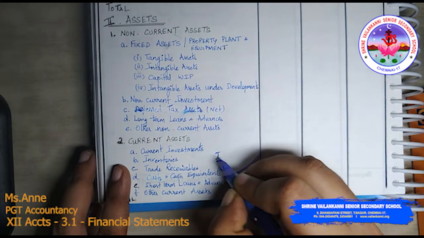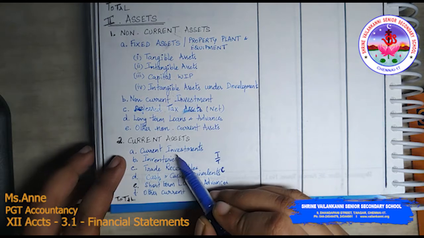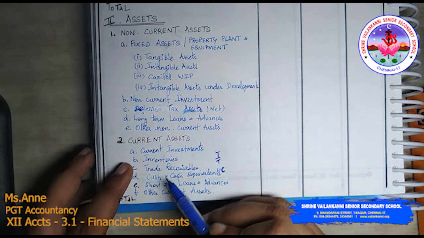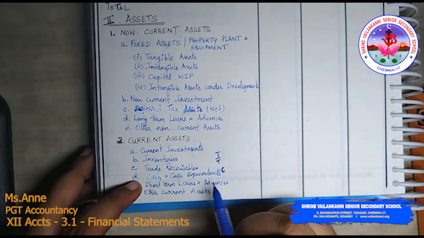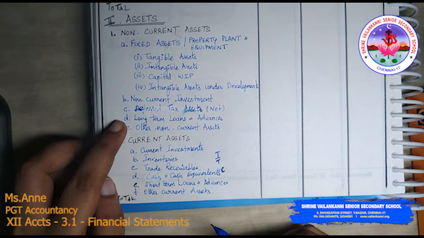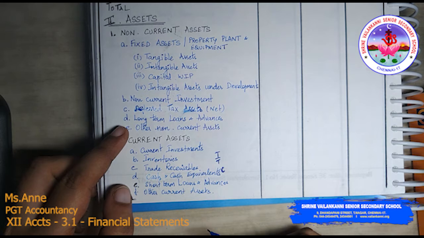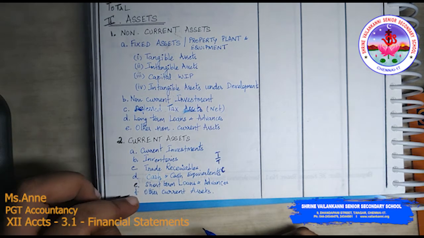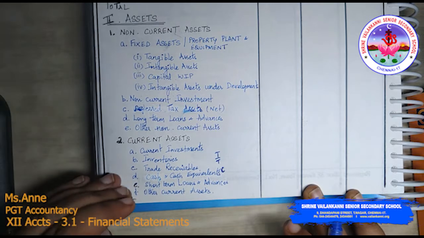I for investments and inventory, T for trade receivables, C for cash and cash equivalents. The other two items: non-current has long-term loans and advances and other non-current assets, and here it is short-term loans and advances and other current assets. Please interlink like this and remember.